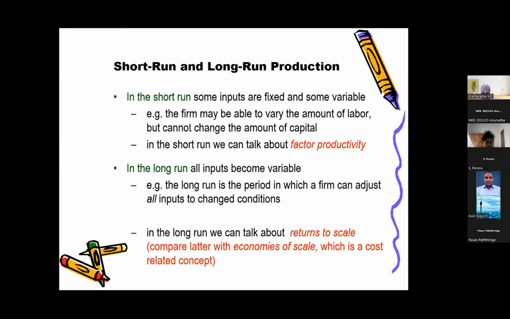When you come to the long run, that is about changing the size of the firm, the entire size of the firm. All the inputs are varied; there is no fixed input. So there we look at the theory of returns to scale.